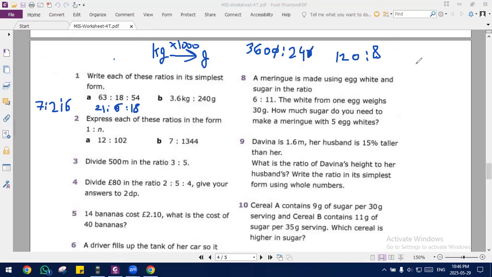Let's check. So 128, we can divide by 4, for example. This will be 2. 12 divided by 4 is a 3. This will be 30. We can divide by 1. 15, 2. That's the ratio.